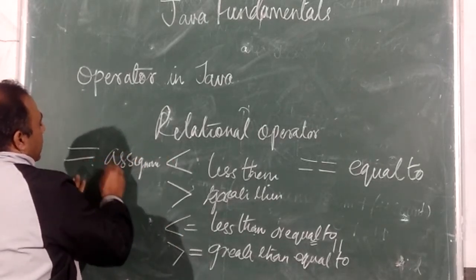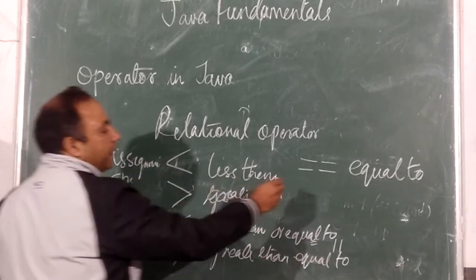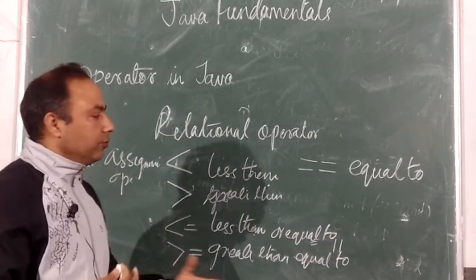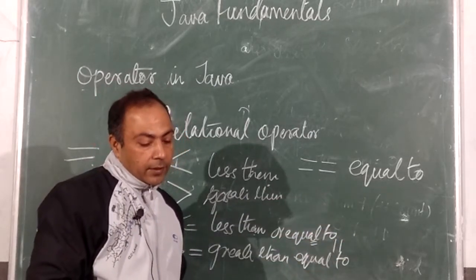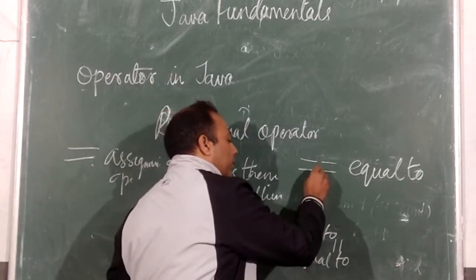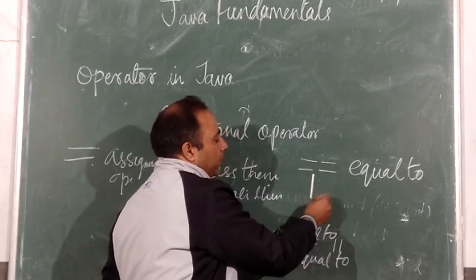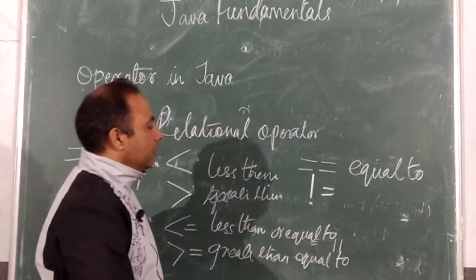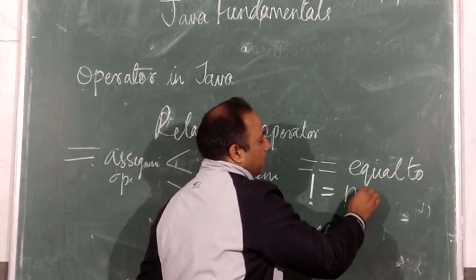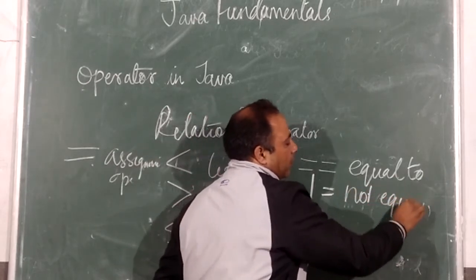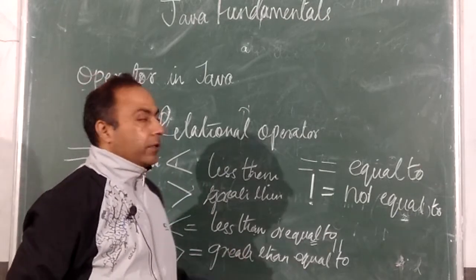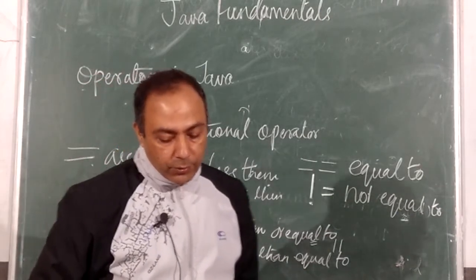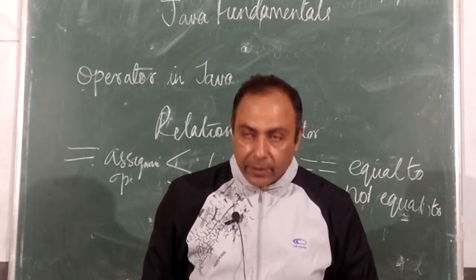But when we have to equate two values, that is the equals to operator, 2 equals signs need to be used. And not equals to means an exclamation mark, that is the not operator, and equals to; this is not equals to. So these are some of the relational operators which we use in Java programming.